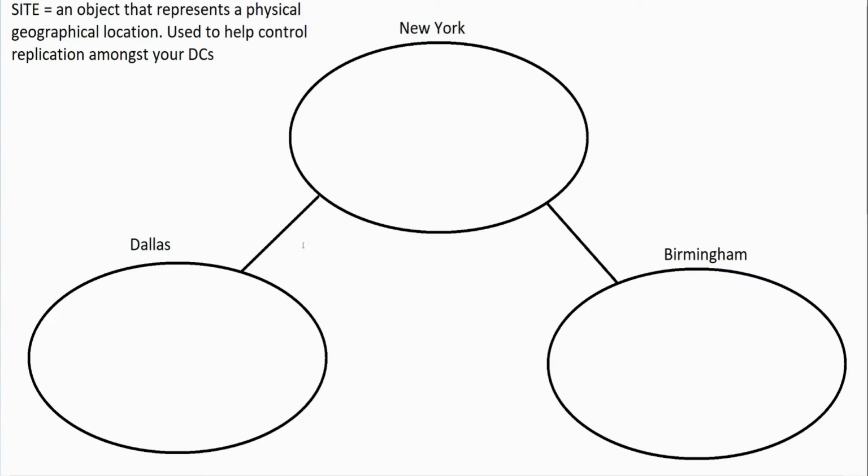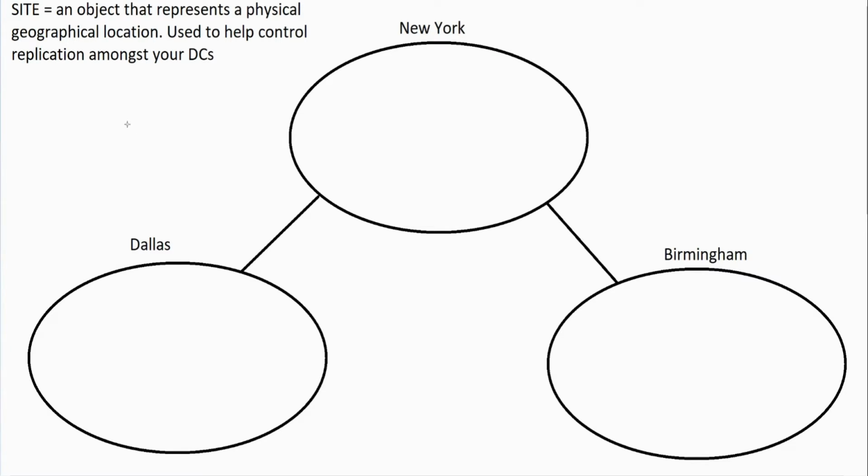These lines represent the connection between the sites. Think of WAN lines, maybe a wide area network connection that connects your offices together. These lines are known as a site link, which I'll talk more about coming up. First, let's look at how replication occurs within a site.